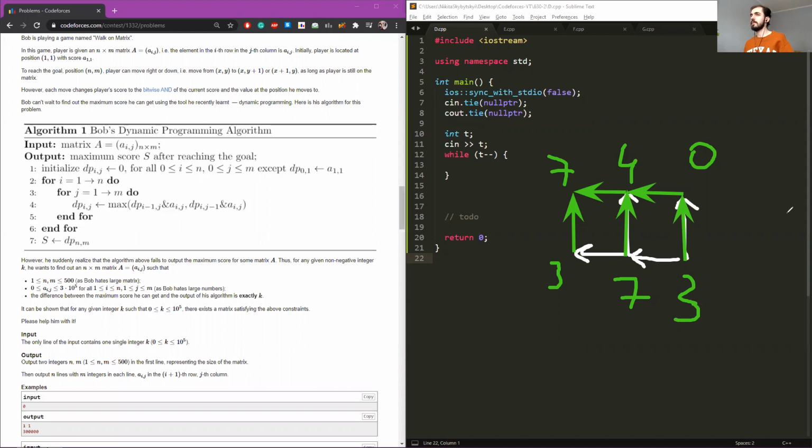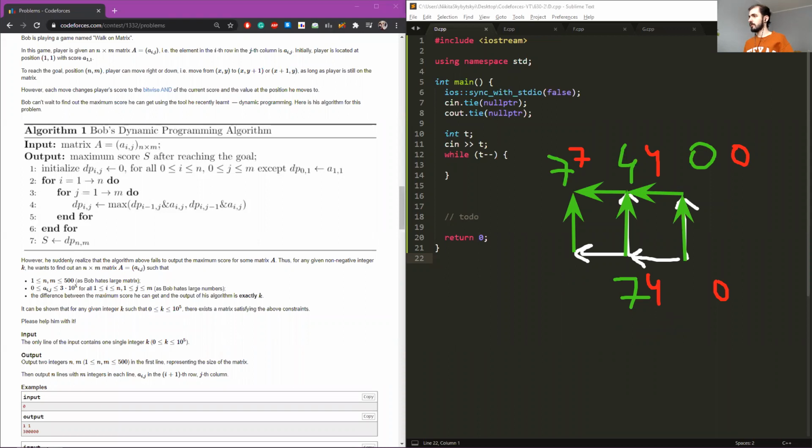Right, and what will be the DP state? 7, 4, 0, 3 is the best prefix, and here it says 4 and here it says 0. But the actual answer involves going this way. So the difference is 3. We don't want the difference to be 3.